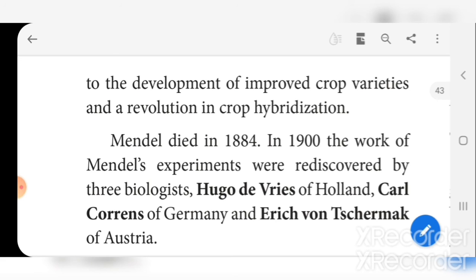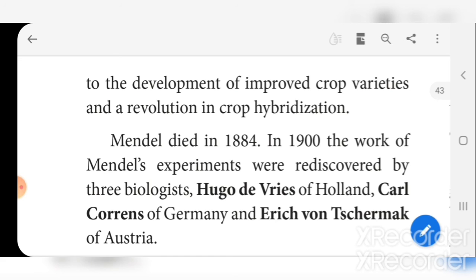Mendel died in 1884. In 1900, the work of Mendel's experiments was rediscovered by three biologists: Hugo de Vries of Holland, Carl Correns of Germany, and Erich von Tschermak of Austria. Who were the three scientists who rediscovered Mendel's work?